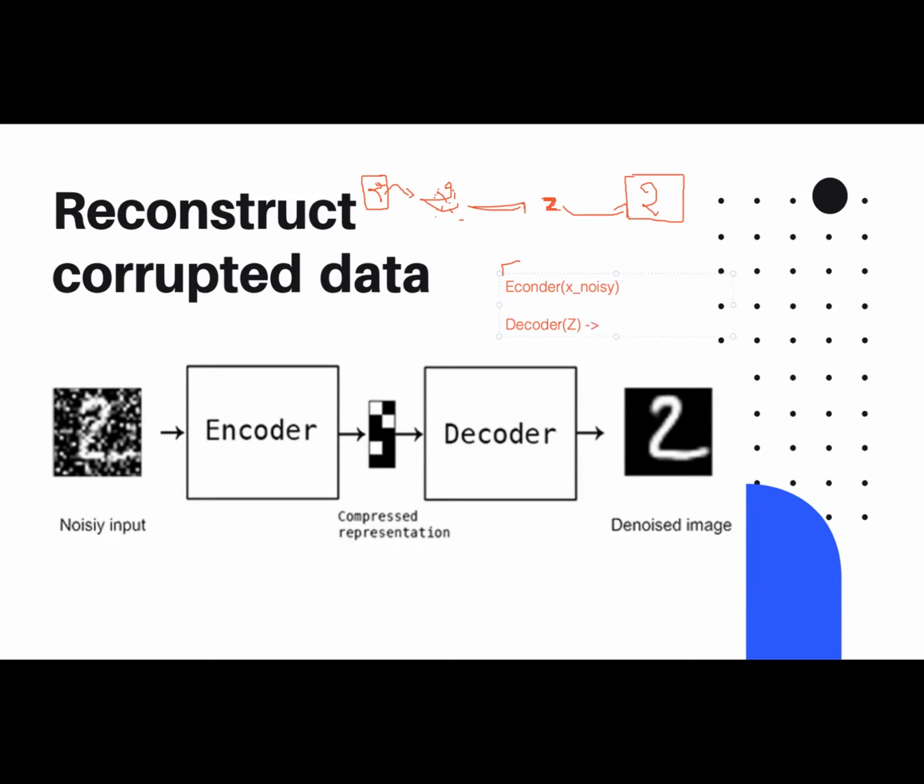The decoder is later on trained on a loss function. So loss is equal to MSE between, let's say, predicted X, comma, the actual X. Make sense? So we assume we have the original non-noisy picture.